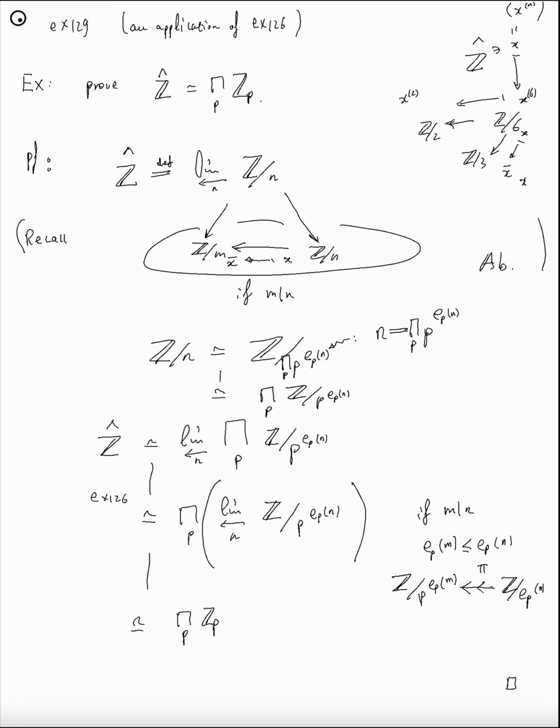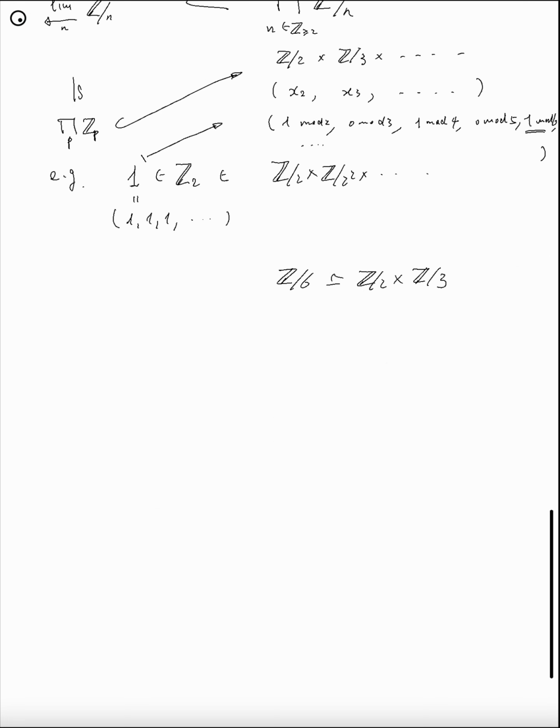Similarly, x_3 equals x_6 modulo 3. This is exactly telling you that if you already know the x_2 and x_3 positions, then your x_6 position is determined by the Chinese remainder theorem, because the product of these two is 6. For this reason, if you're 0 mod 3 and 1 mod 2, then you must be 1 mod 6.